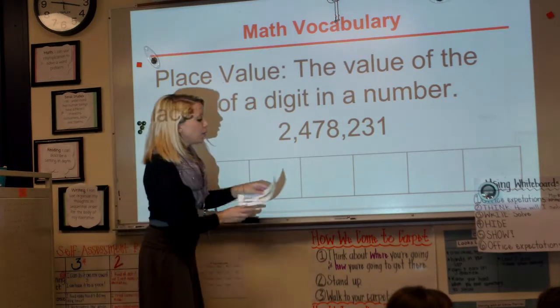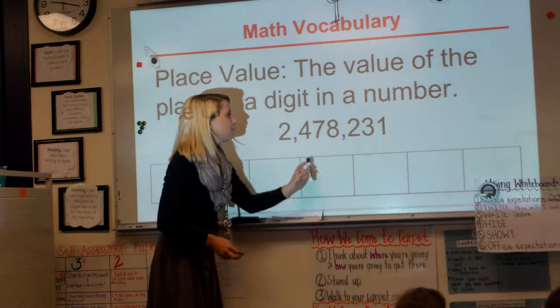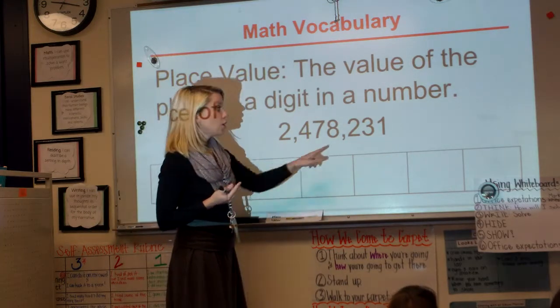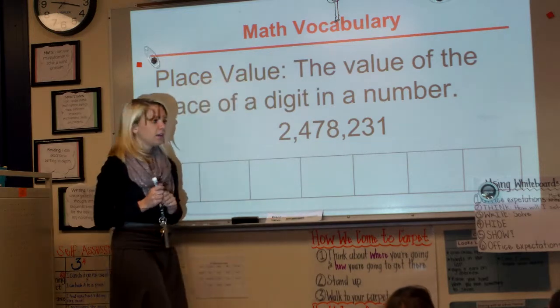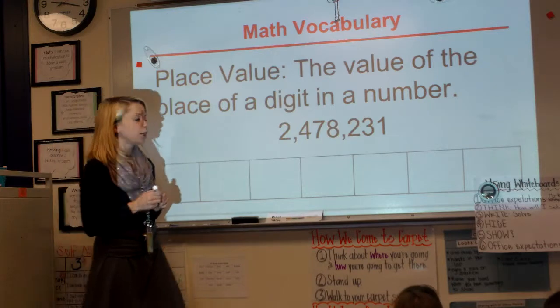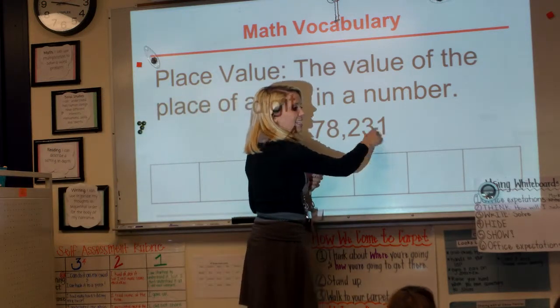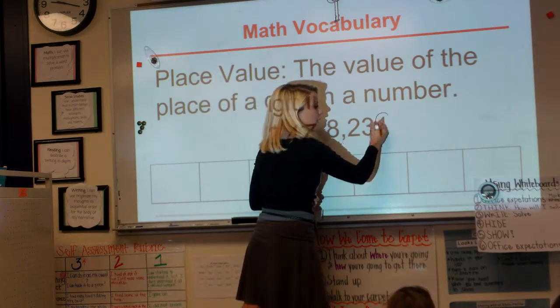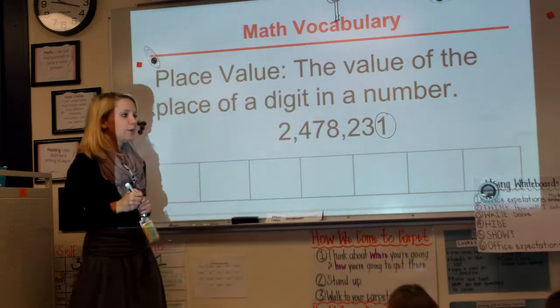What I want you to do is think about this number I have written here, 2,478,231. I want you, when I say go, to turn and talk to your elbow partner about what digit is in what place value. So what place value is the 1 in?